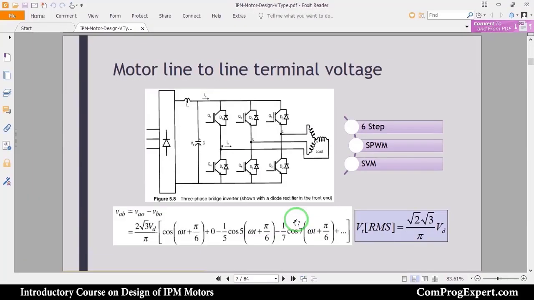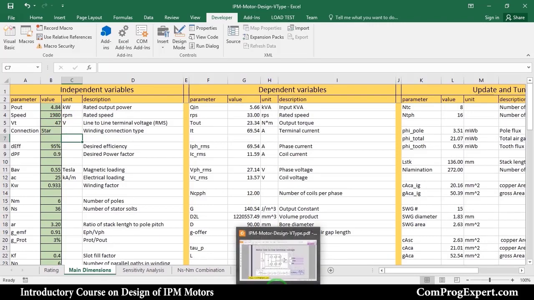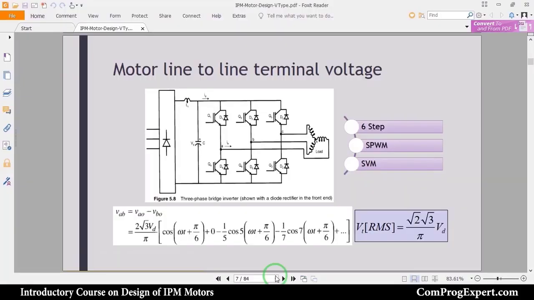And finally, we calculated the line-to-line terminal voltage for different switching strategies, and we selected space vector modulation in our case, and I set the value of line-to-line terminal voltage equal to 47 volts. Okay, let's continue in the next videos.